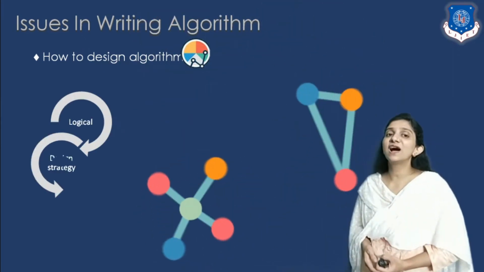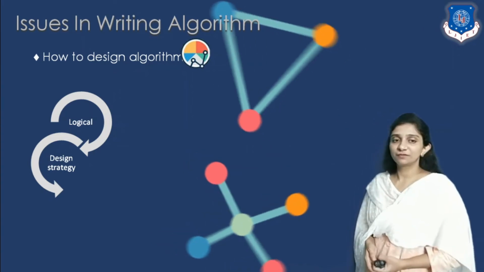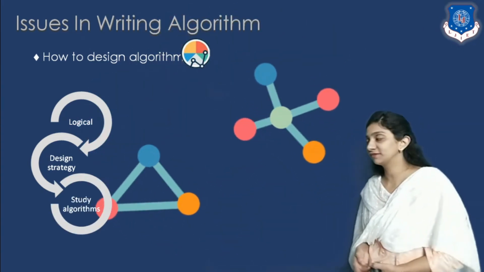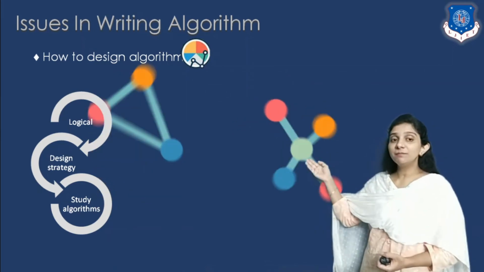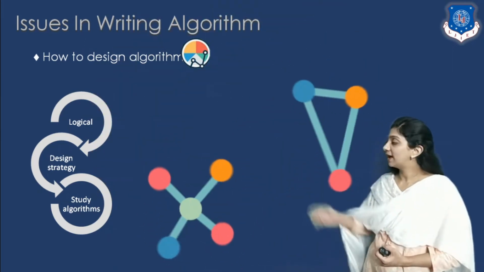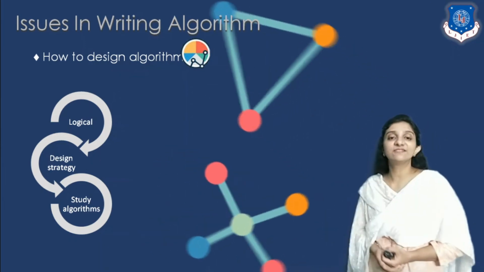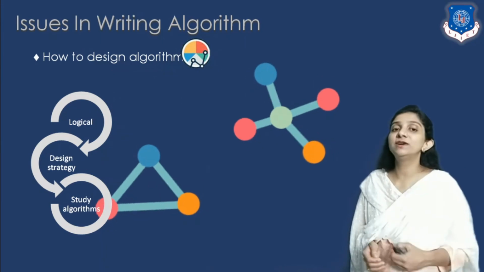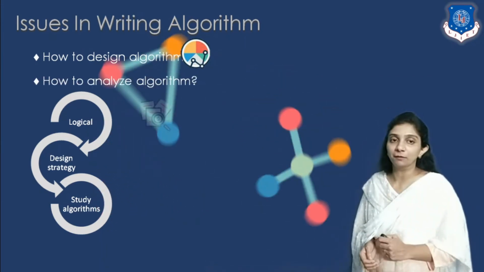First one is how to design an algorithm. As I said, algorithm designing is a logical process and that can be improved by learning different design strategies and also by studying existing algorithms. This can help you to improve your designing capability of algorithms.